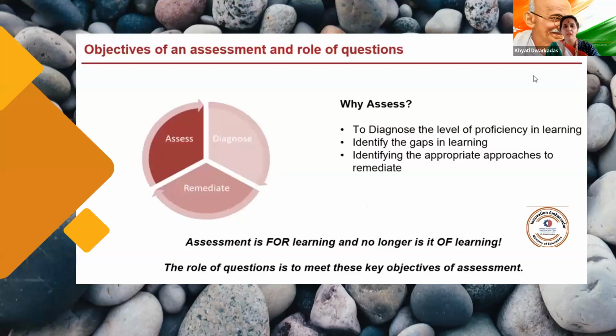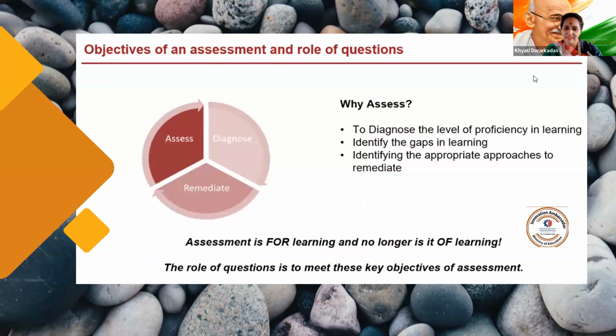So let us look at the objectives of an assessment and the role of questions. There is a very simple thing. Why do we need to assess? We are assessing to diagnose the level of proficiency in learning, identify the gaps in learning, and identify appropriate approaches to remediate.